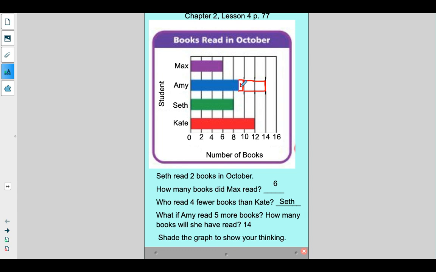So altogether, I've added on 1 plus 2 plus 2. And that makes 5. 2, 4, 5. Now, I actually don't really want my numbers right there, so I'm going to actually color it in. I was just showing my thinking. So you can do that too. You can use a different color than blue if you'd like, so you can really see where Amy read her books. Getting a little crazy with my crayons here with my drawing. It's kind of hard on the mouse pad.